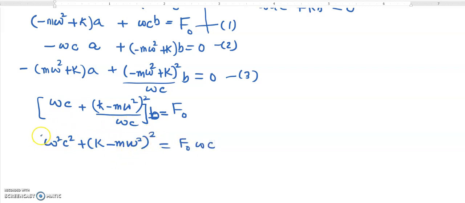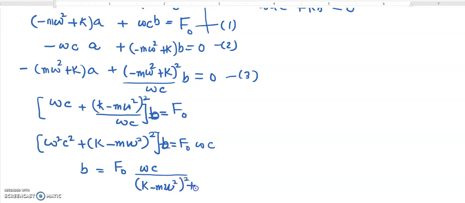So the value of b will be f naught omega c divided by k minus m omega square squared plus omega square c square. This will be the value of b.